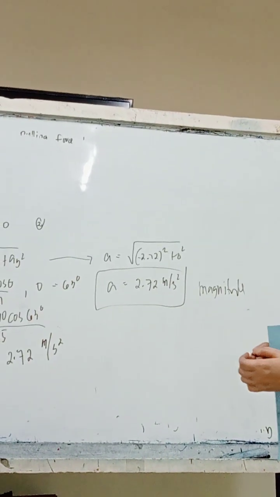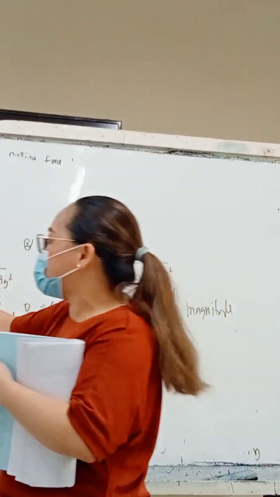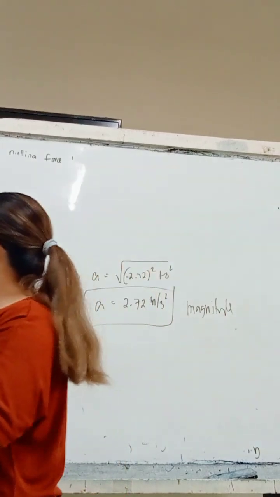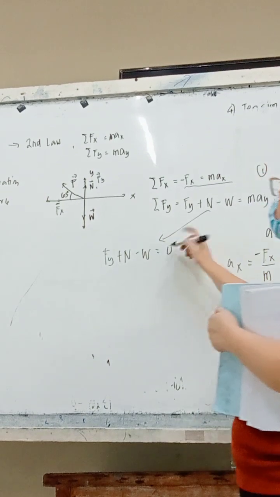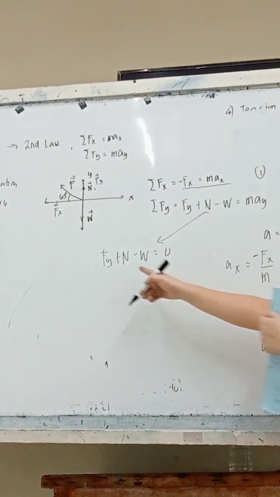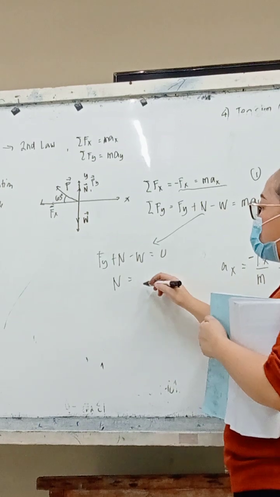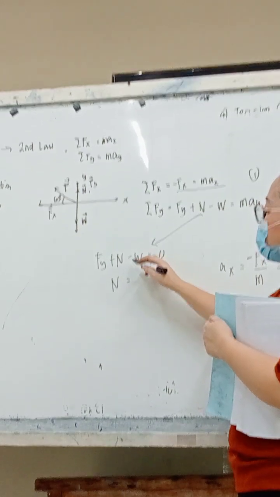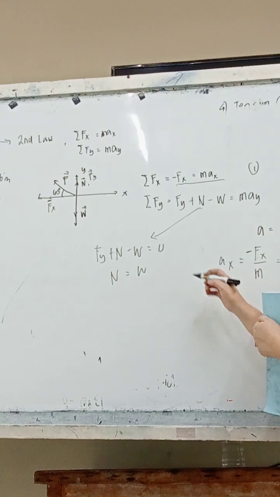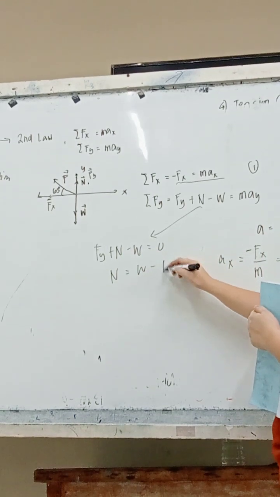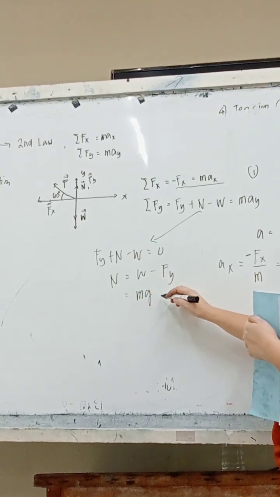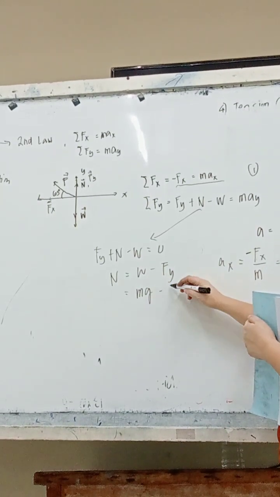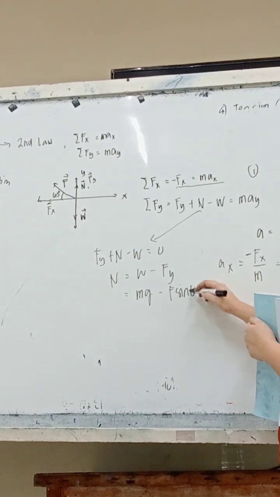Let's proceed to the normal force. How do we solve for the normal force? To solve for the normal force, we use equation number 2: Fy plus N minus W equals 0, since ay is equal to 0. From here we isolve the normal force N. Transposing W to the right, so it becomes positive, and Fy has a minus sign. So N is mass times gravity minus Fy, which is F times sine of theta.